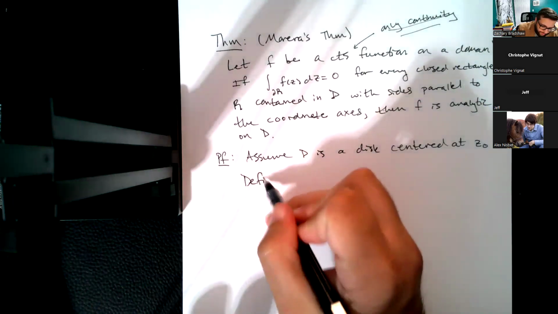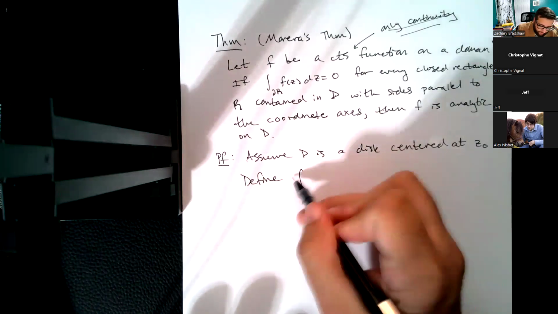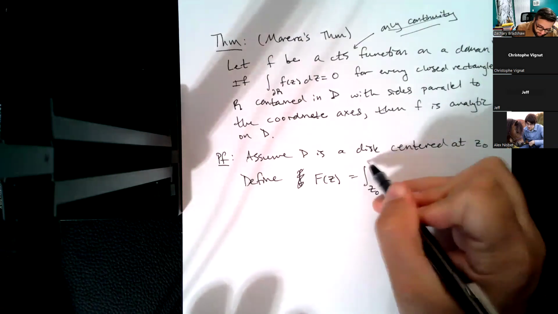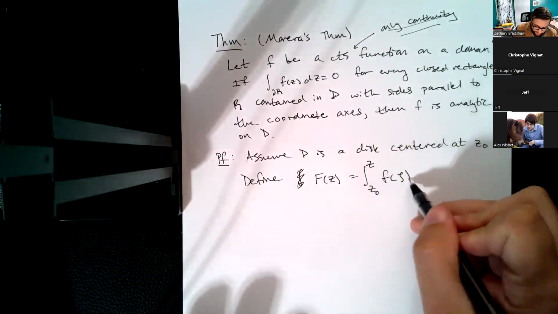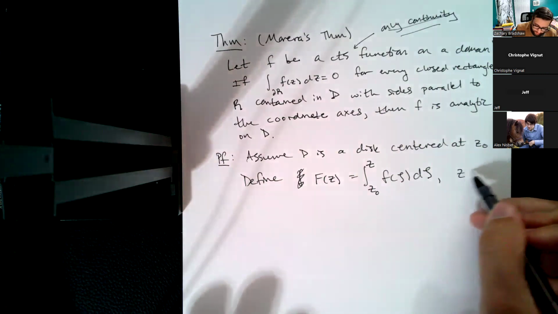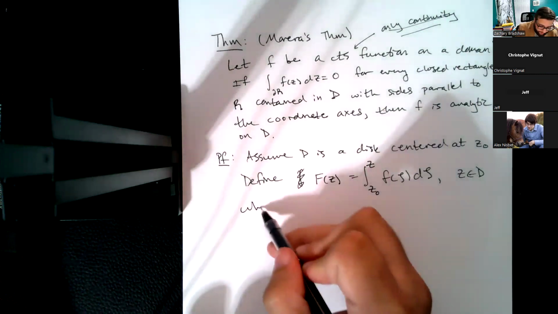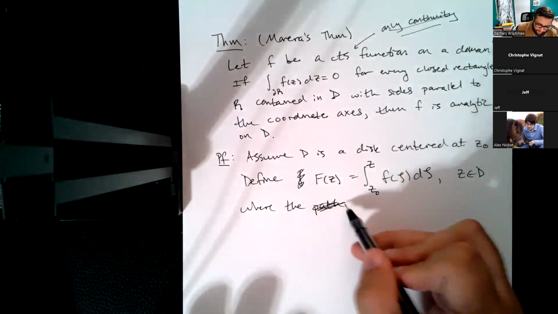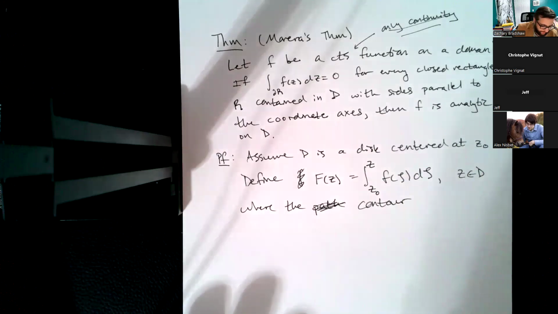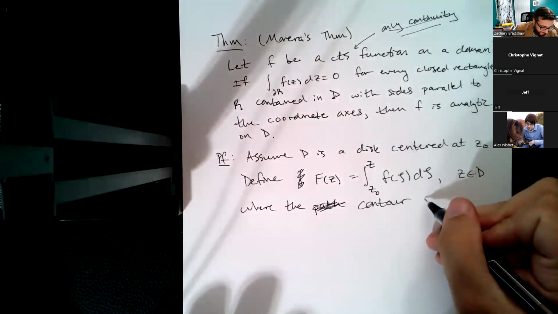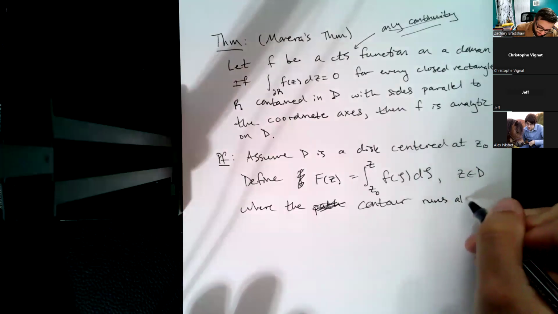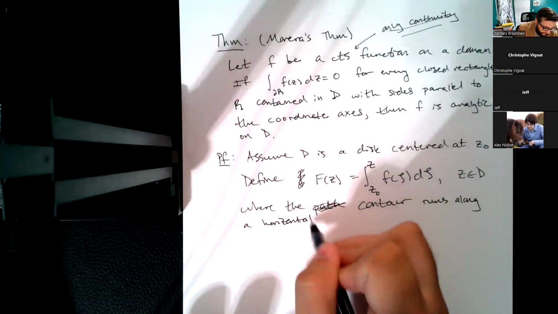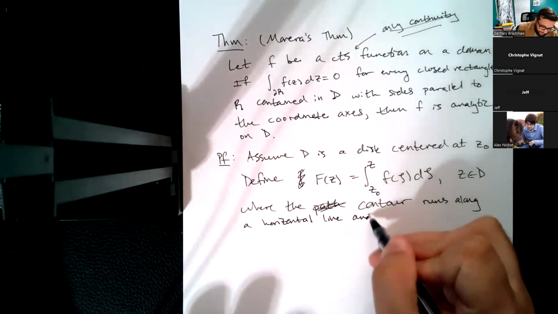And we'll define the primitive function the same way we had before, where I have to tell you what that contour is. So where the path, or I'm just going to call this the contour, path of integration is too long to write, runs along a horizontal line and then a vertical line.